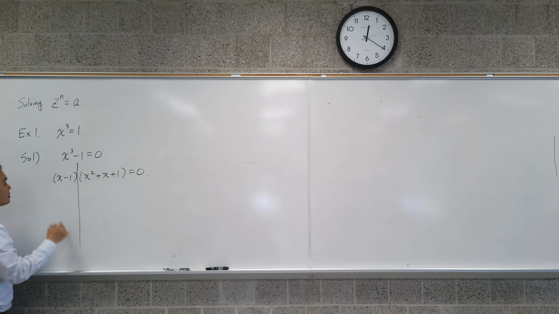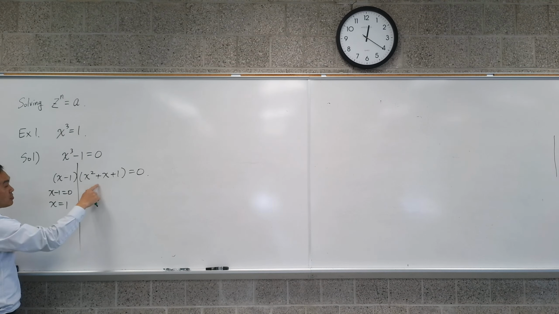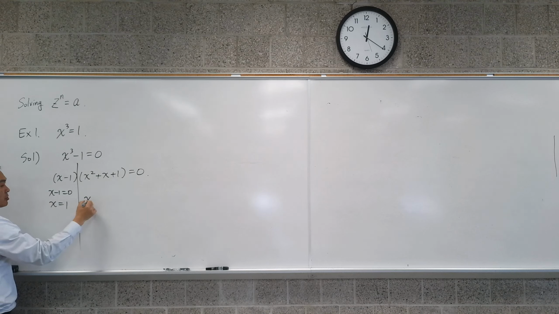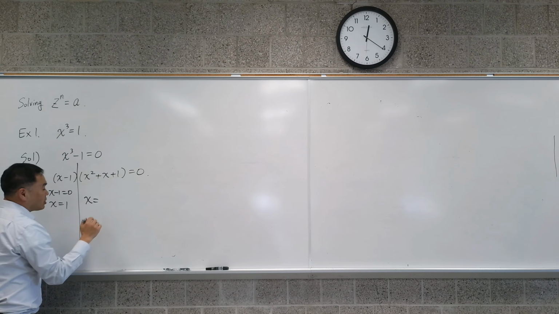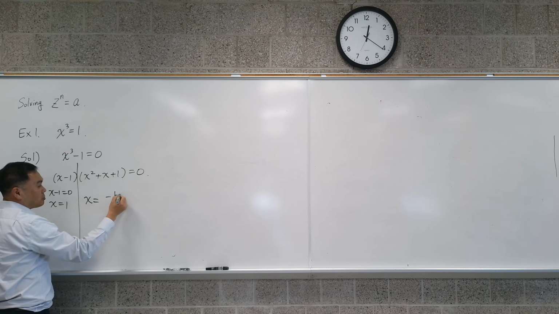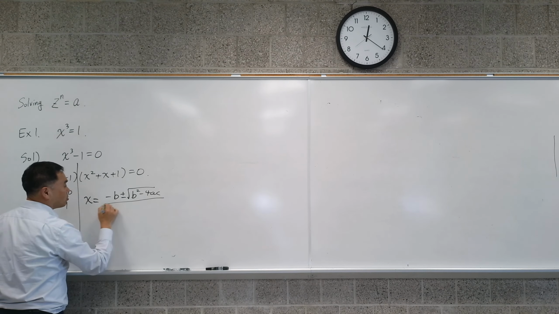So either x minus 1 is 0, which gives you x equals 1, obviously. 1 cubed is 1, so that's a solution, definitely. But this is another solution. And since this is a quadratic equation, we will use the quadratic formula with a, b, and c all being 1. That's negative b plus or minus the square root of b squared minus 4ac, all over 2a.